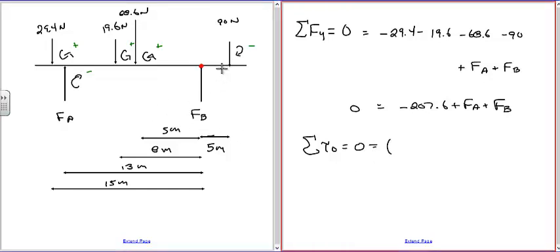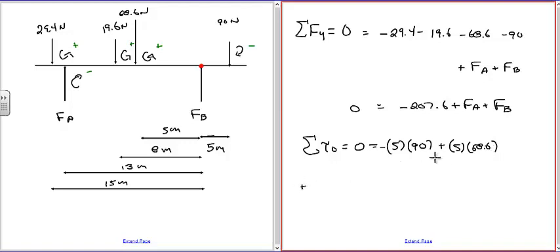So we'll start with this one. We've got a distance of 5 meters, and we've got 90 newtons, and it is negative. Okay, this doesn't cause torque. This one is positive. The distance is 5 meters, and the force is 68.6.